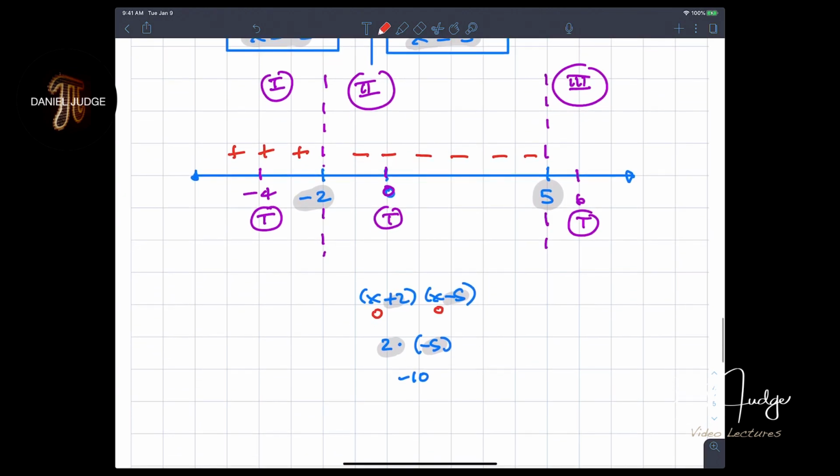We're going to get to test now region 3. Your test point in region 3, by the way, is positive 6. So I'm going to do some arithmetic here. 6 plus 2 is 8. 6 minus 5 is 1. So 8 times 1 is going to be 8.